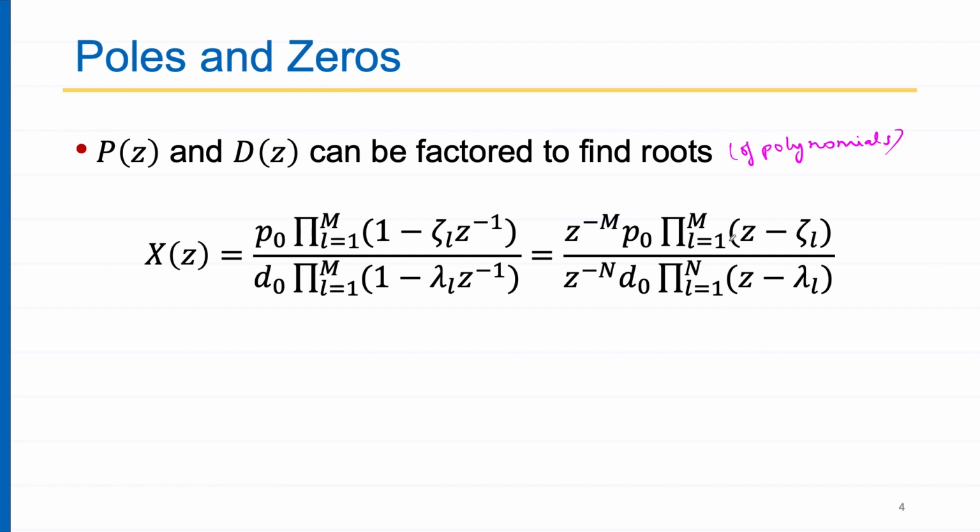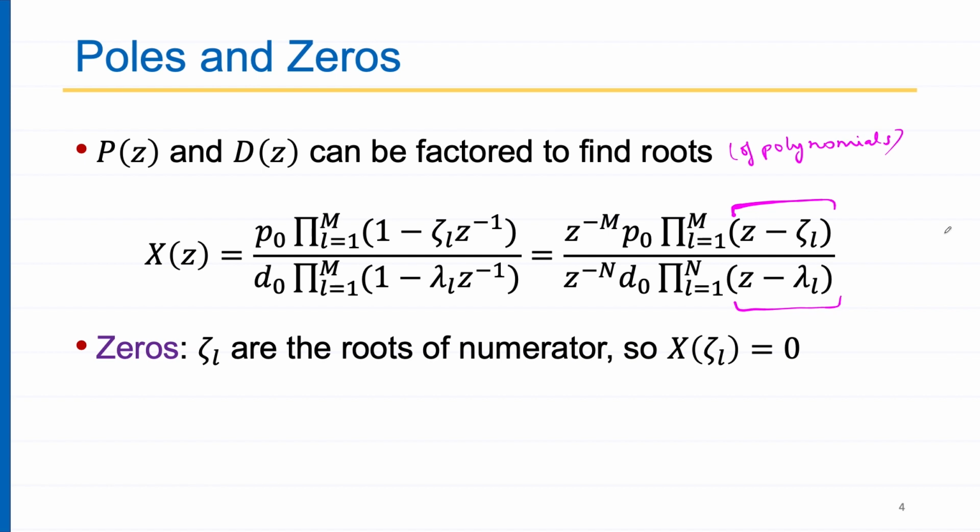If you see, these terms are very important. Now, what are zeros? The zeros of X(z) are the roots of the numerator. Why are they called zeros? Because at these zeta L's, the value of X(z) is 0. This is why it is called a zero of X(z).